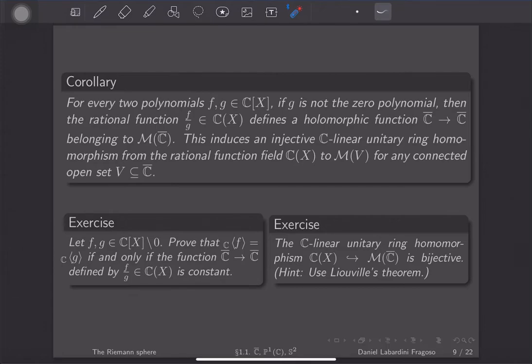Same thing here. And what I mean is that this one-dimensional subspace is equal to this one-dimensional subspace. In other words, f and g are linearly dependent as polynomials, so one is a multiple of the other, if and only if this quotient function is constant.